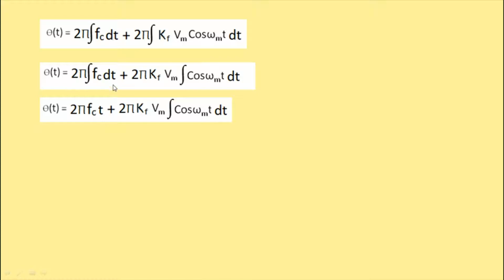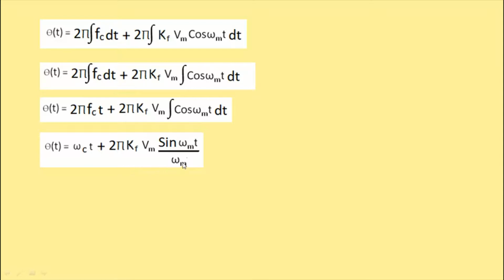So here for this entire first term, I simplify it as 2 pi Fc t plus 2 pi kf vm integral cos omega mt into dt. Now please think and tell me, what is integral cos omega mt? The answer is here. So integral cos omega mt is nothing but sine omega mt by omega m.